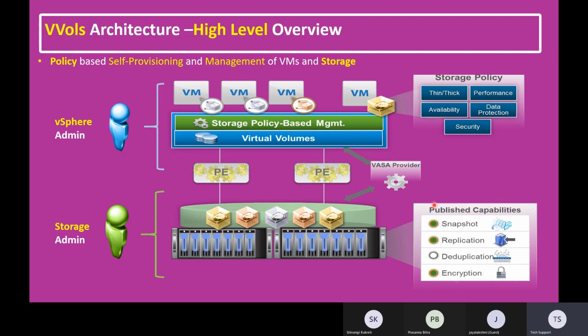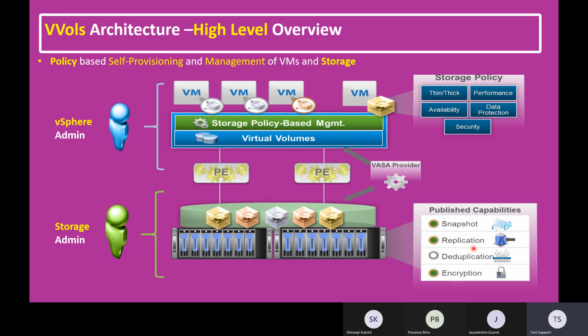Okay, and published capabilities. Even at our storage container level, whatever storage we purchased, either HP storage, Dell storage, IBM storage, or any third-party vendor storage, normally at the storage box level we have default features. These features include snapshots. All our virtual machines are allowed to create a snapshot, and we have a storage-level replication facility.